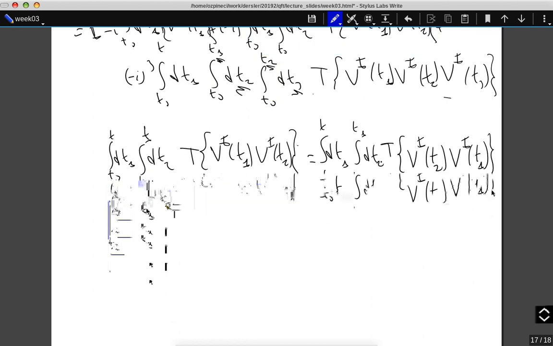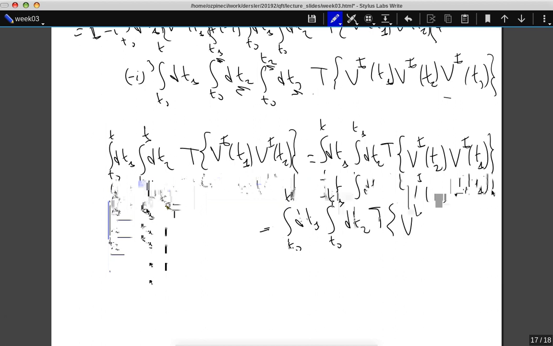But you see, inside the time ordering, it's the time ordering operator that determines the order of the operators. So I can easily exchange their position inside the time ordering. The result will not change. So this is actually equal to from t0 to t dt1, from t0 to t1 dt2, time ordered operator Vi of t1, Vi of t2.